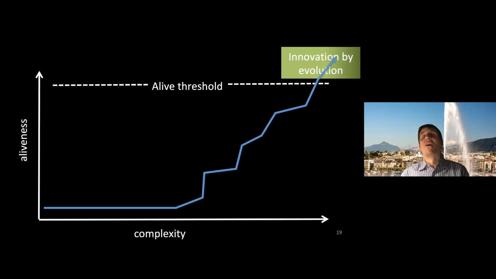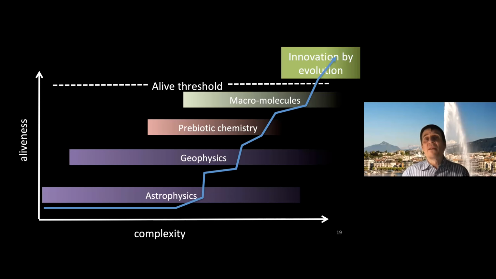Then you start to be directed by the biology and the evolution; innovation by evolution is what has driven the biology. But before you reach that stage, and this is a challenge, you have to do a team play between astrophysics, geophysics, prebiotic chemistry, and then the beginning of the macromolecules. How do you do that?